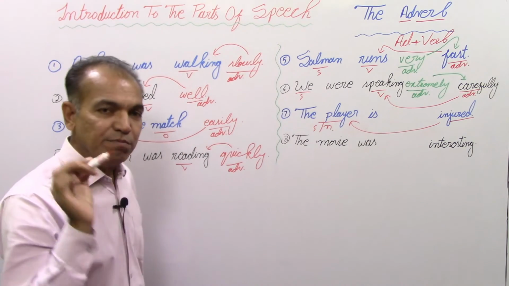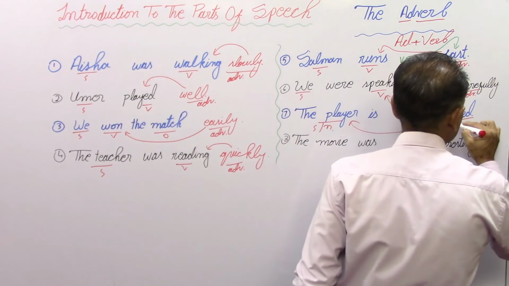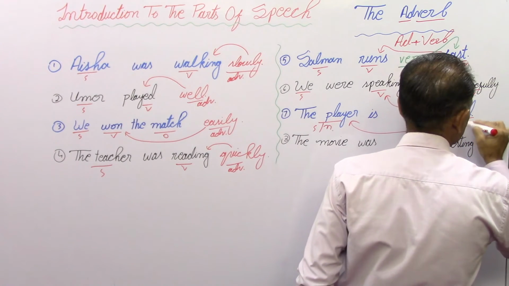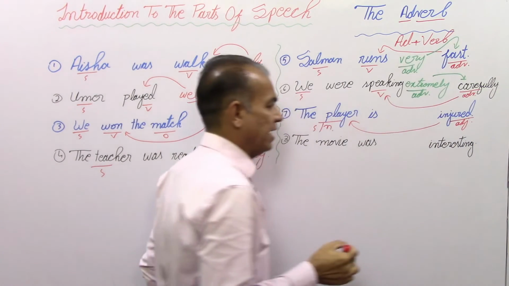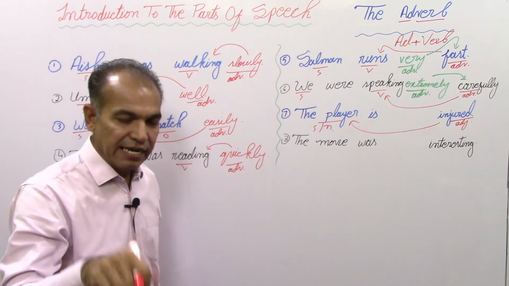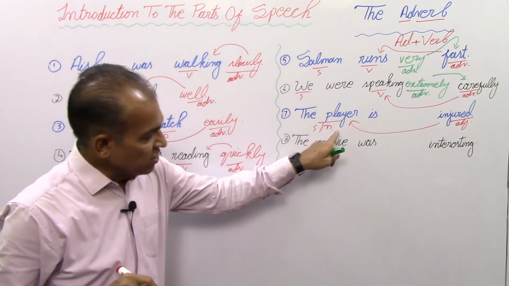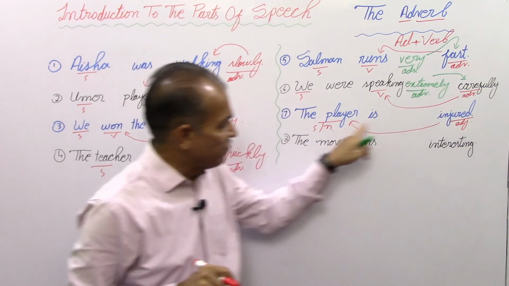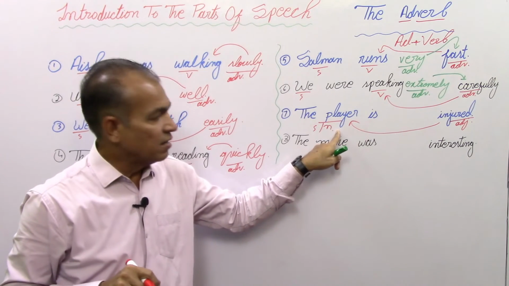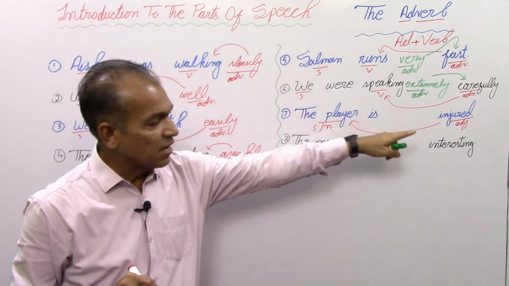So a word that modifies a noun or pronoun is called adjective. We have learned this thing. If you have not learned adjective, then the link is down in the description. Go and click the link and learn what is an adjective. So this is a noun and injured is modifying a noun, it's telling something about a noun. So a word that tells something about a noun is called adjective.